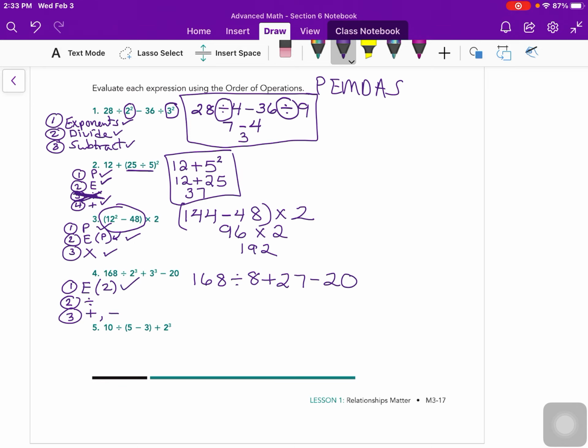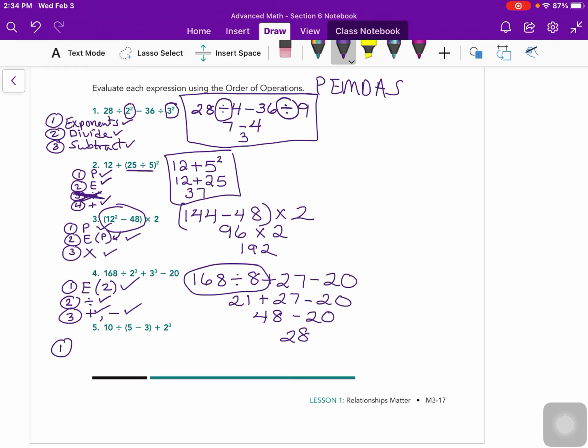I'm done with my exponents, so next I do the divide, and I take 168 divided by 8, and I get 21. Rewrite everything else out. I'm done with that. Next is my add. So I add 21 plus 27, and I get 48. And then I subtract 48 minus 20, and I end up with 28.